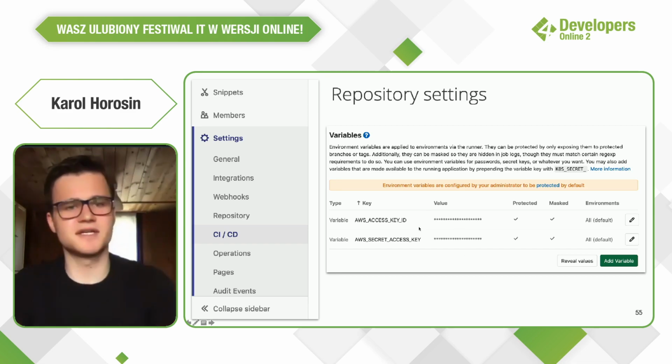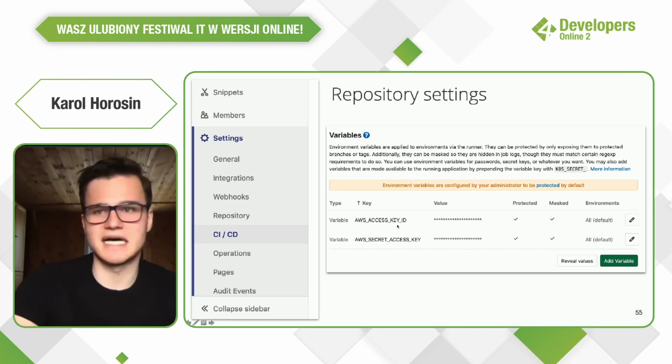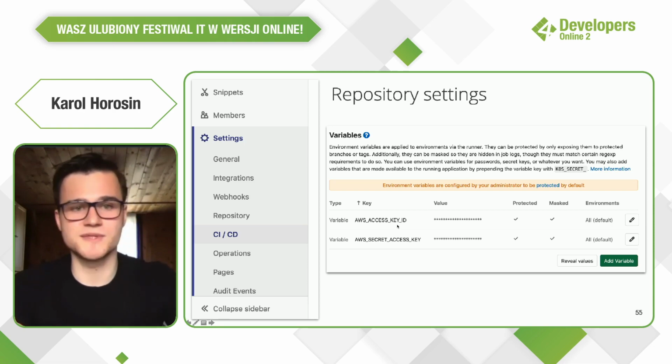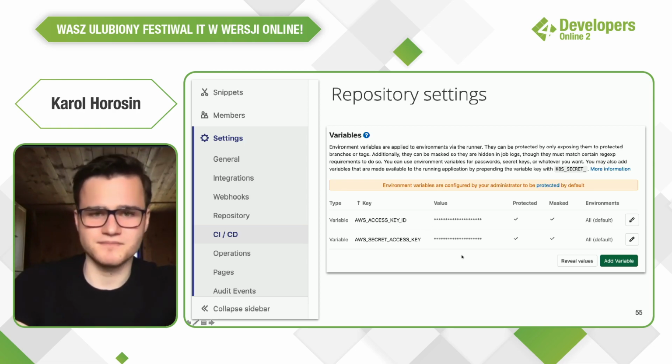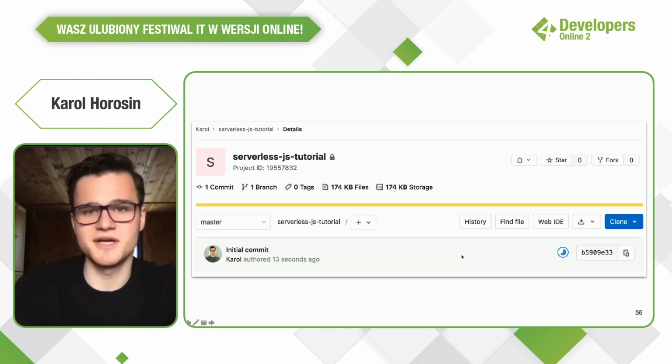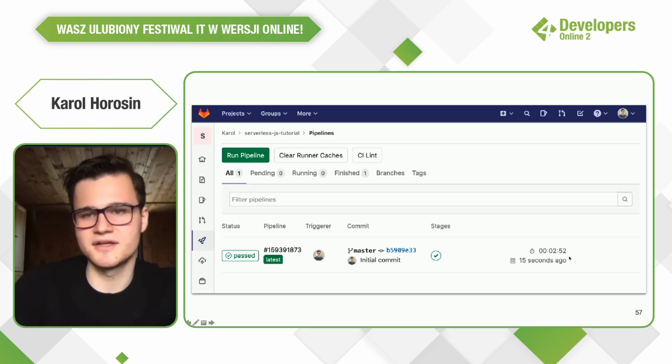But one thing here is that you have to add your AWS keys as variables, and these variables are picked up by serverless framework. So that's your setup. If you run it first, you should get a pop-up at the top of your repository that the pipeline is working, and it should pass and deploy to your AWS account using credentials you provided.